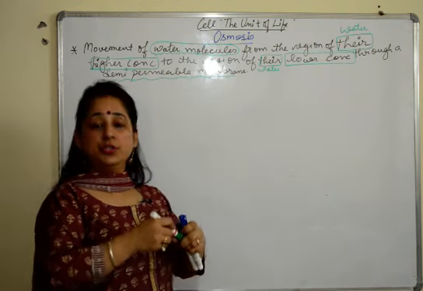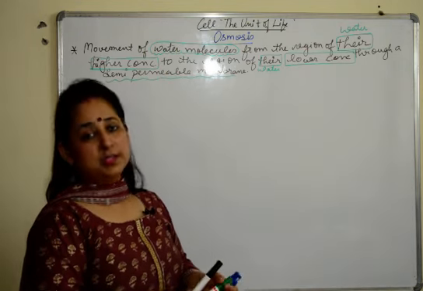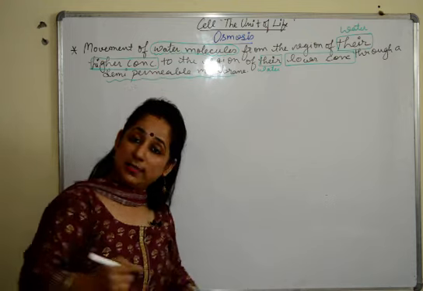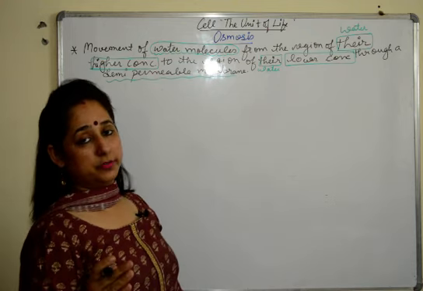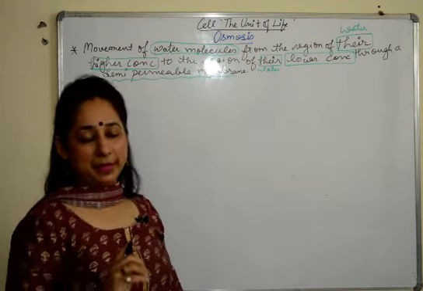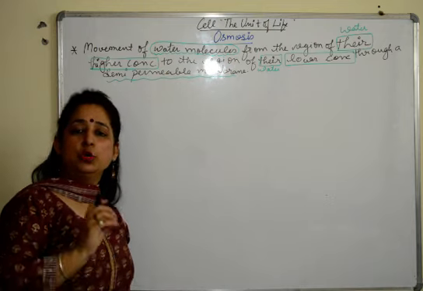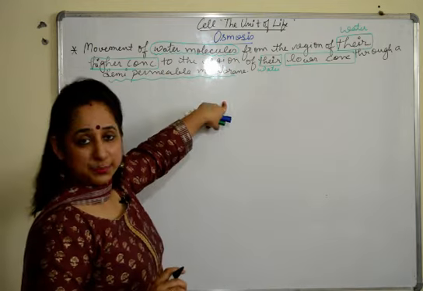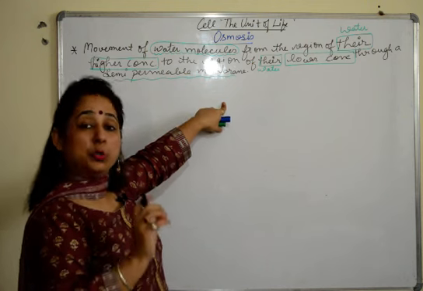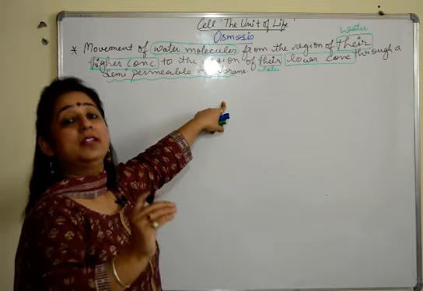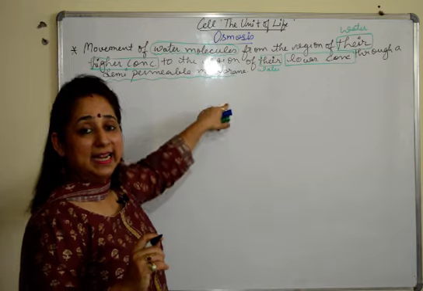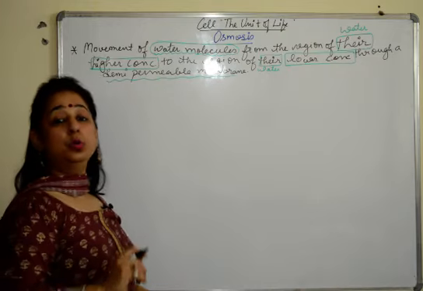So what is the definition? Movement of water molecules from the region of their higher concentration to the region of lower concentration through a semi-permeable membrane. If you have seen the previous video, you must know that it is a passive transport, osmosis, and it always takes place according to the concentration gradient, that means from high to low.